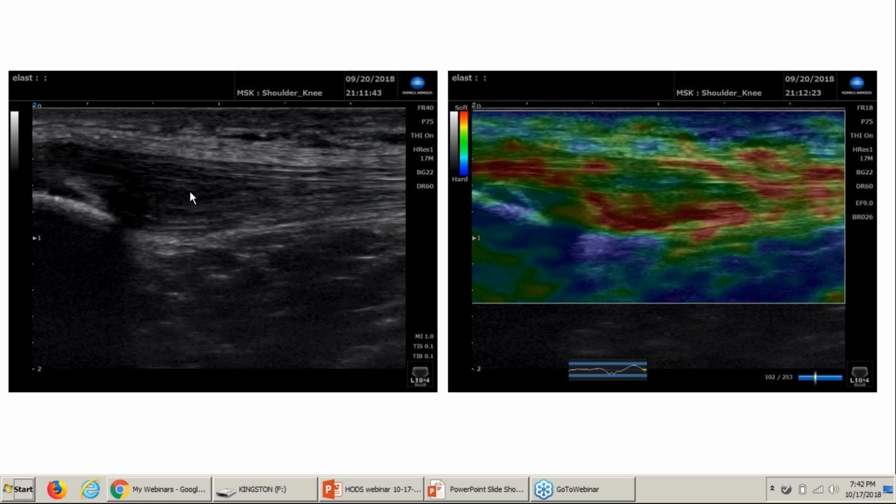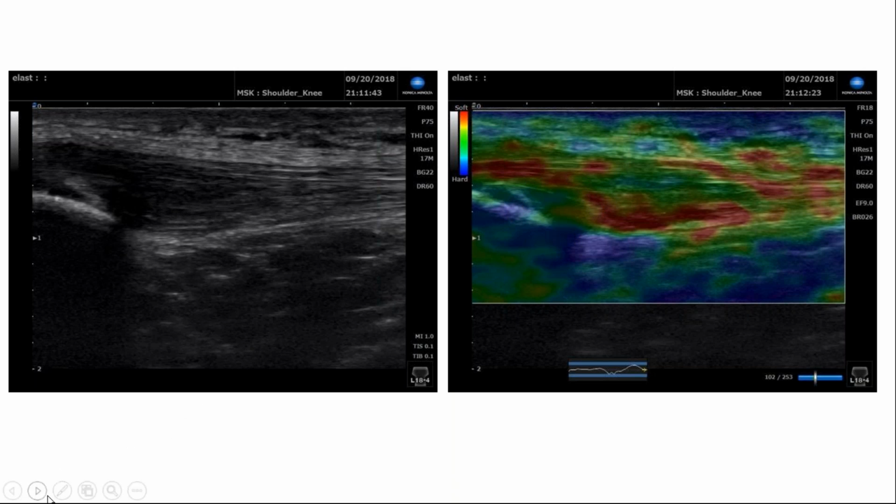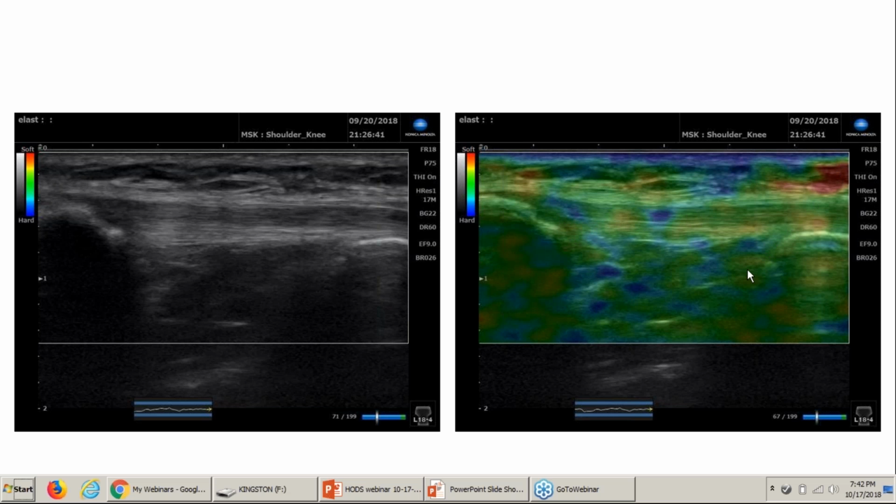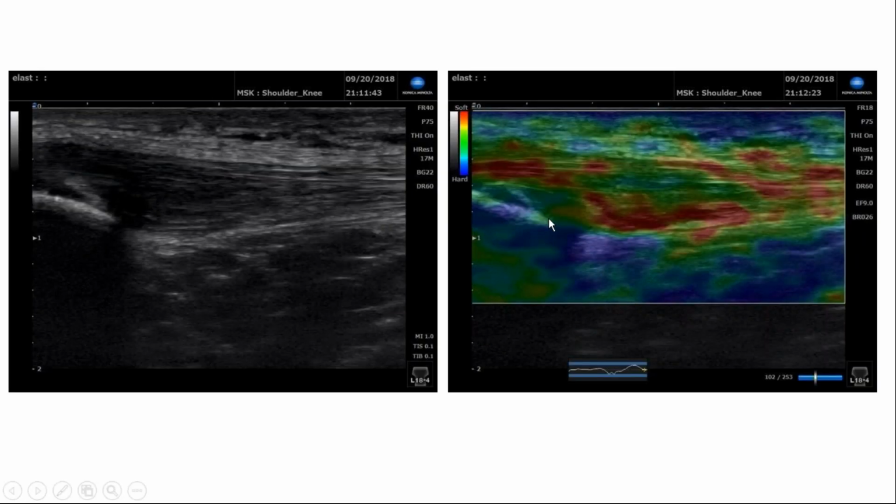That's a normal B mode. Of course, you know with elastography that there are some changes, and also you know with B mode that there is focal thickening and hyperechoic signal in the tendon. Now the normal tendon, on the left, is B mode imaging, and you can see the normal tendon here. And here with elastography, if you compare with the previous image, look at this tendon versus this tendon.